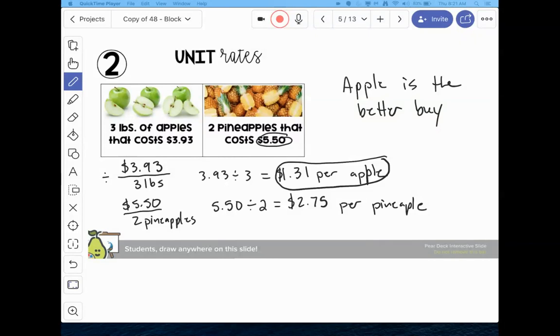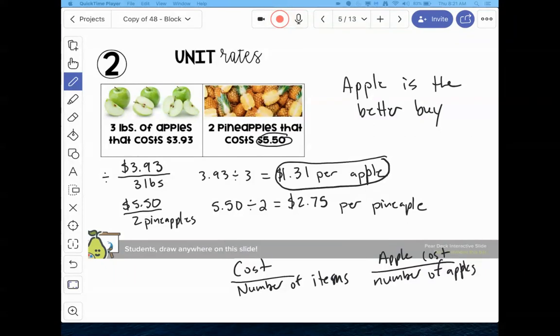Now, I'm going to let you get started on the other ones. If you're struggling on these, you want to go back and watch these. All the better buys are going to work that same way, where we're going to have the cost on the top over the number of items. For example, here, we had our cost of apples over number of apples, and then we divided it to get our price per.